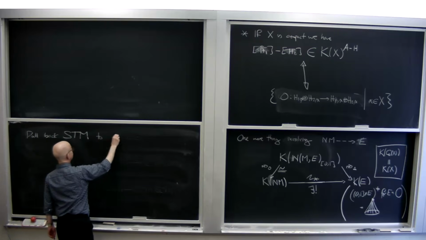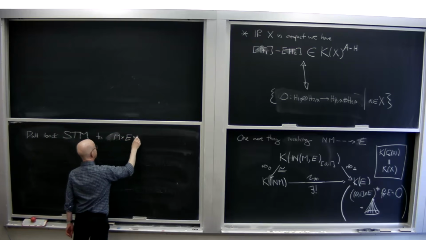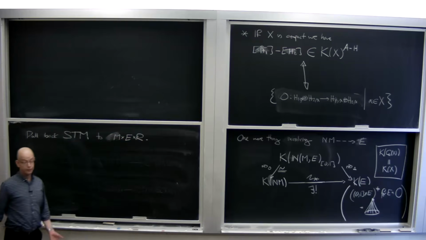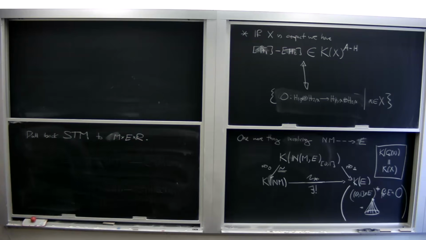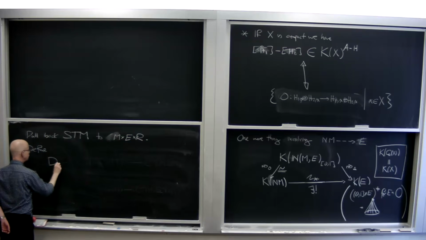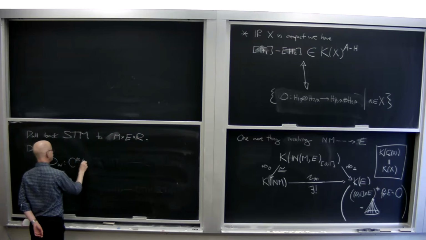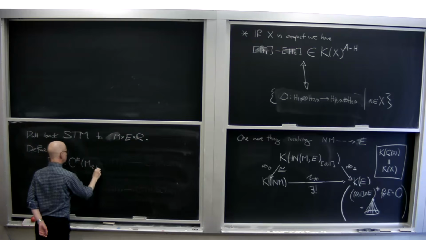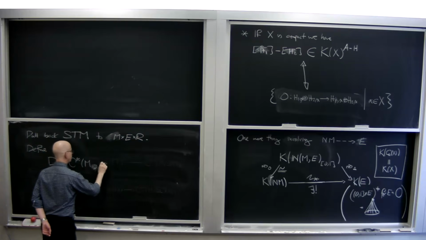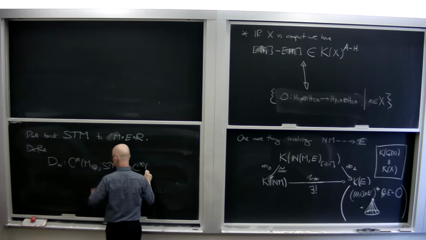And let's just pull it back to M times R times R in the obvious way via the projection just to M. Now I want to build a bunch of operators on the fibers of our submersion.